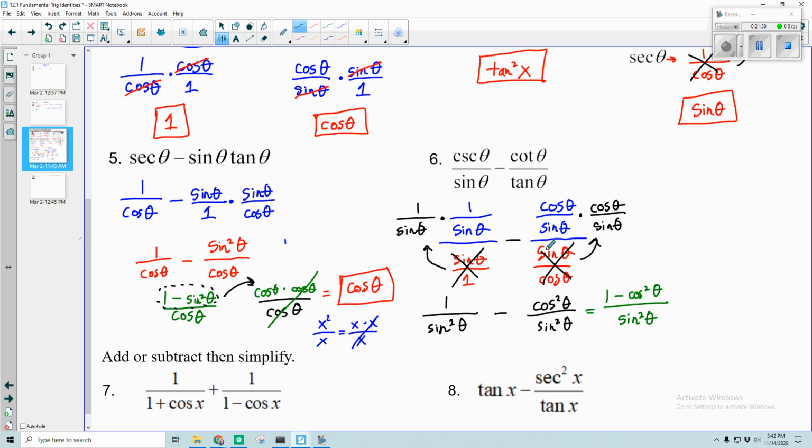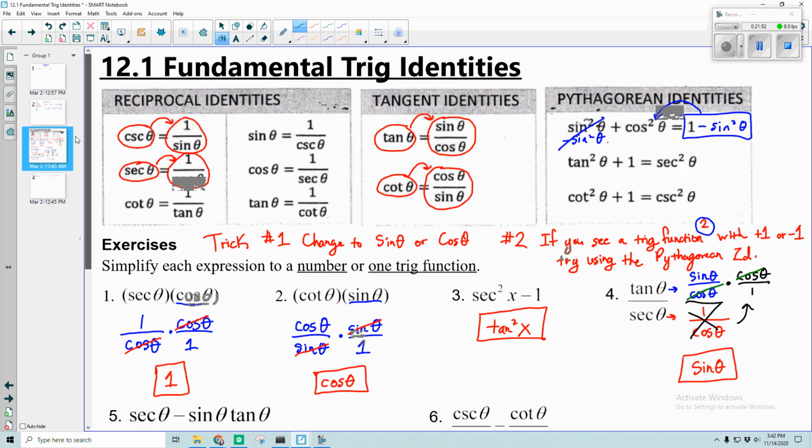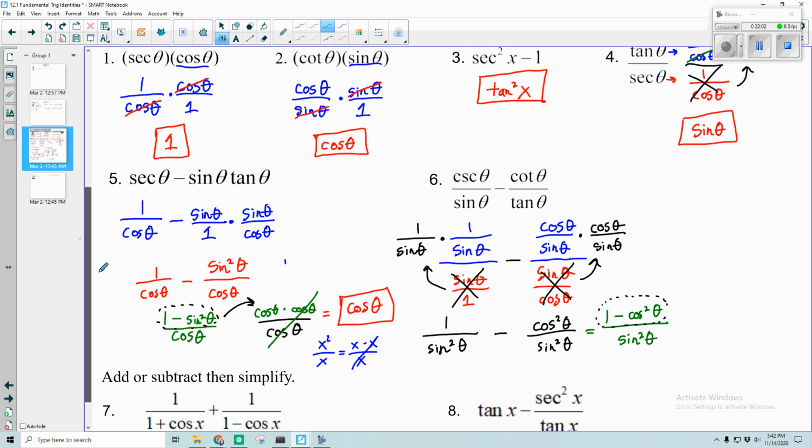All right, hopefully right now you're maybe able to recognize that up here, I have a 1 with a squared trig function, okay? So I'm going to come back to my Pythagorean identities, and I'm still working with this first one here because that's the only one that has cosine squared, but now I'm going to try to rewrite it so that I have 1 minus cosine squared.